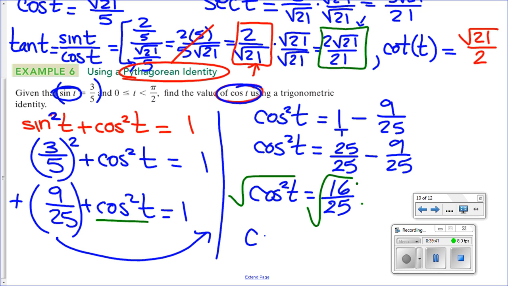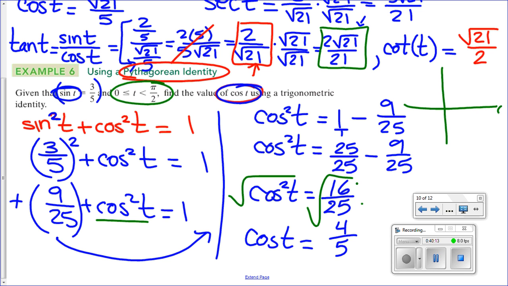Now the question is, should we take positive and negative? Well, the square root of 16 is 4, the square root of 25 is 5. To answer that, we need to look at what's happening here. If we are saying that our angle is greater than 0 but less than pi over 2, which quadrant are we talking about? First quadrant, okay? So right here, remember, this is 0, and this is pi over 2, or 90 degrees.